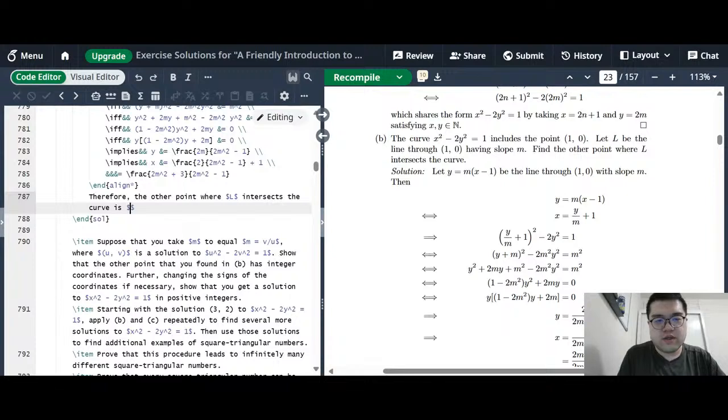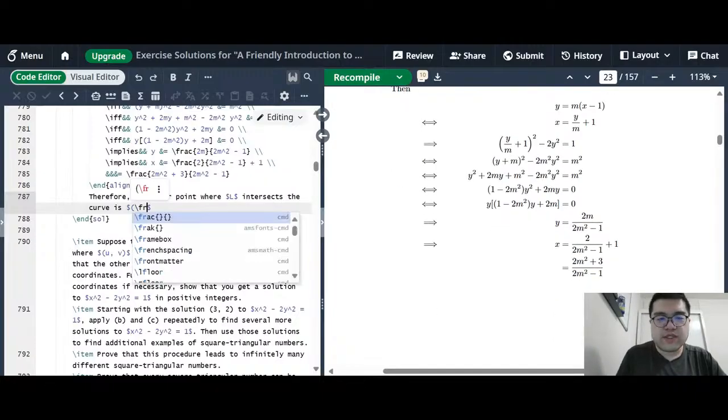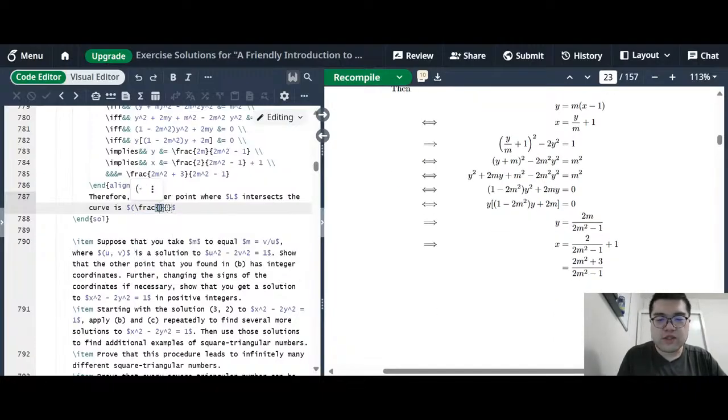Now we're going to put down the x and y coordinates together as a point. So what's the x coordinate? The x coordinate that we get will be 2m squared plus 3 divided by 2m squared minus 1. Actually, sorry, this is a typo here.